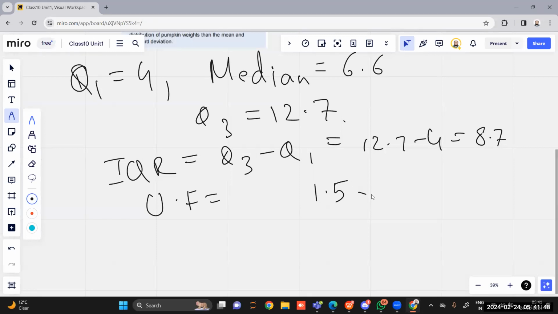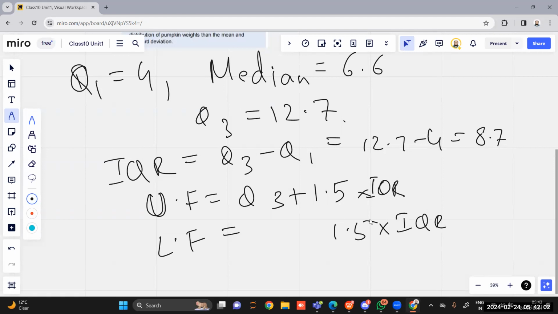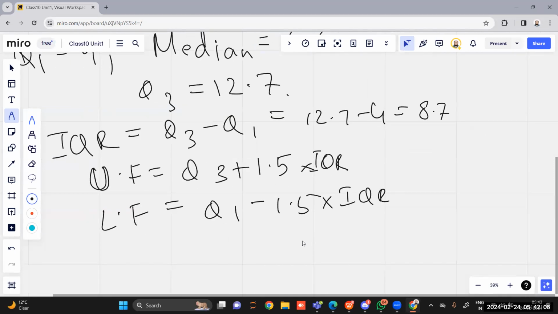We do 1.5 into IQR. For the upper fence, we add Q3, and for the lower fence, we subtract from Q1. Yes or no? Yes. So Q3 here is 12.7 plus 1.5 into 8.7.